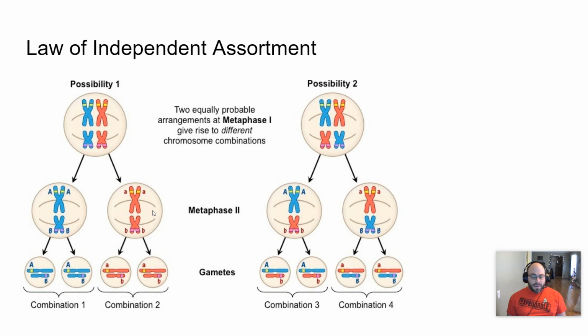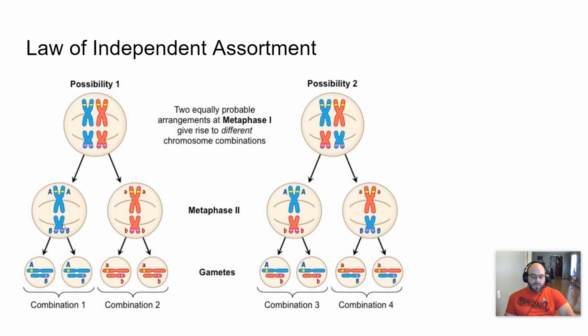And Mendel's law of independent assortment says that different genes on different chromosomes independently assort themselves from one another. We talked about this already with how meiosis creates genetic variation. So here you have two different chromosomes, and you have two different genes expressed. This big chromosome has A on it, the little chromosome has B, and this one has a different version of B, and this one has a different version of A. Well, big A, little a is going to go here.